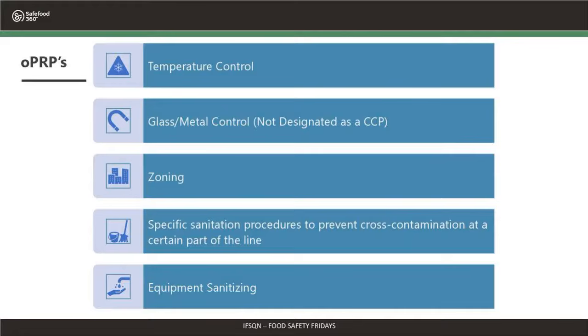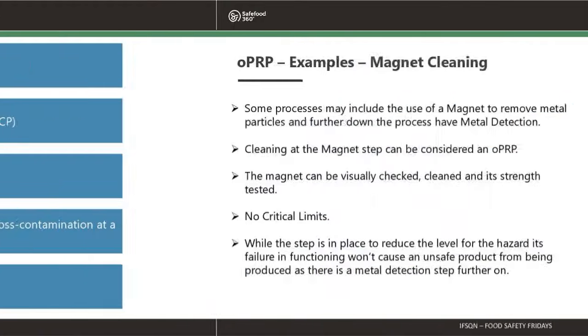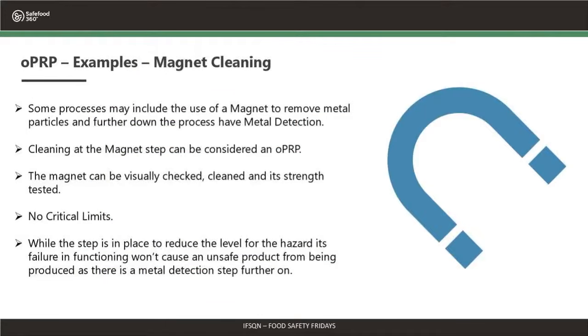Let's have a look maybe at some more examples. So magnet cleaning. We have a magnet step to deal with the hazard foreign matter metal. And let's say, for instance, we have the magnet in our process, but further on, we will have metal detection.